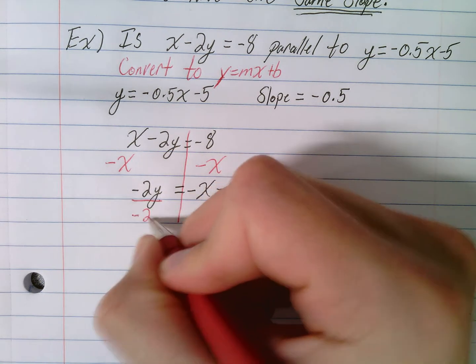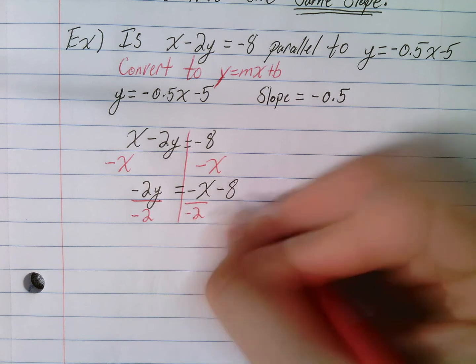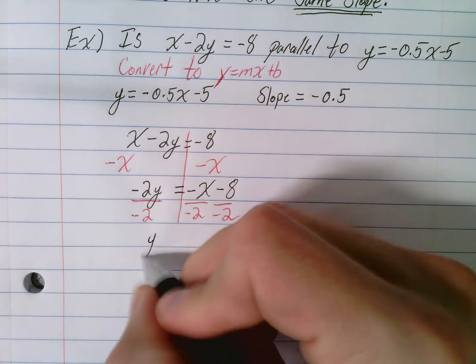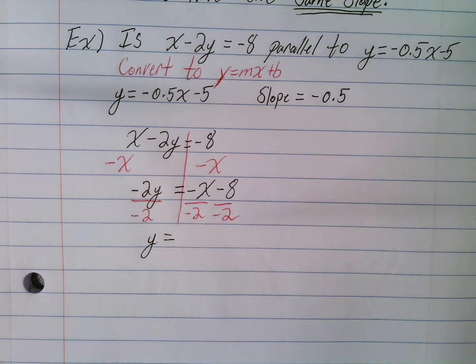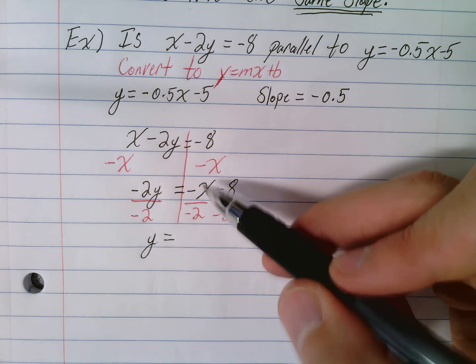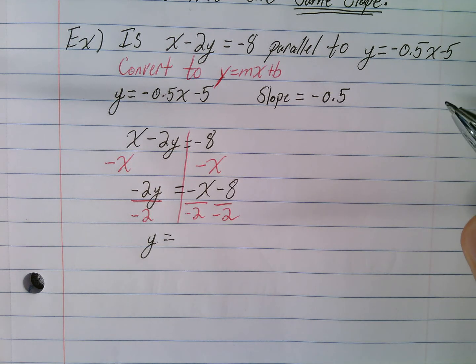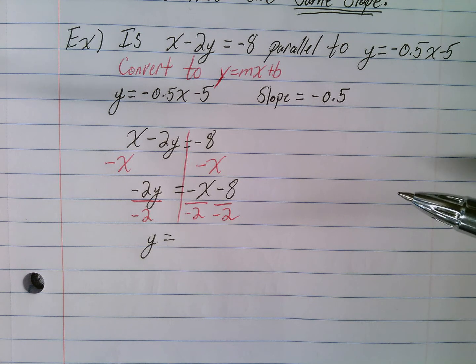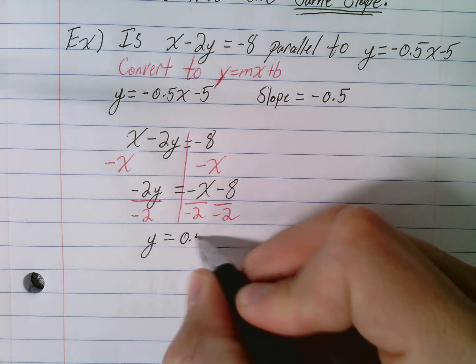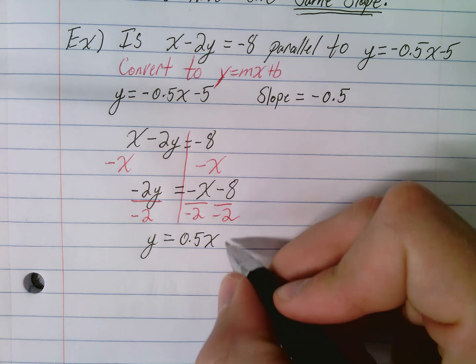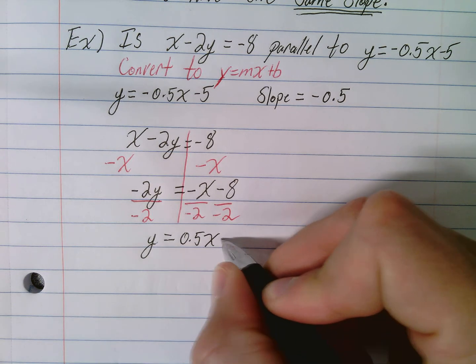I would have to divide by -2, and I want to divide each piece by -2. We would get y is equal to -x, -1x divided by -2 is going to be what? Go ahead, Newman. Yeah, half x or 0.5x. -8 divided by -2 is +4.